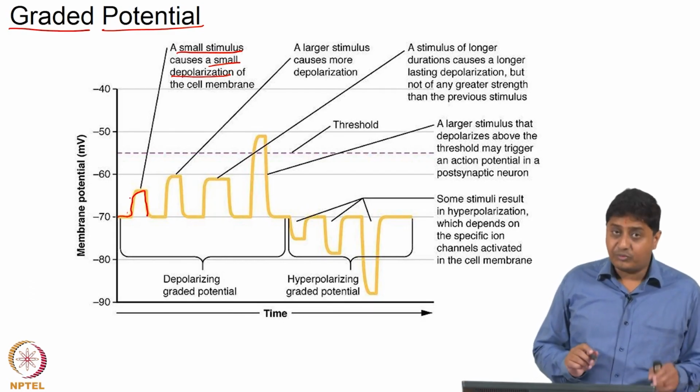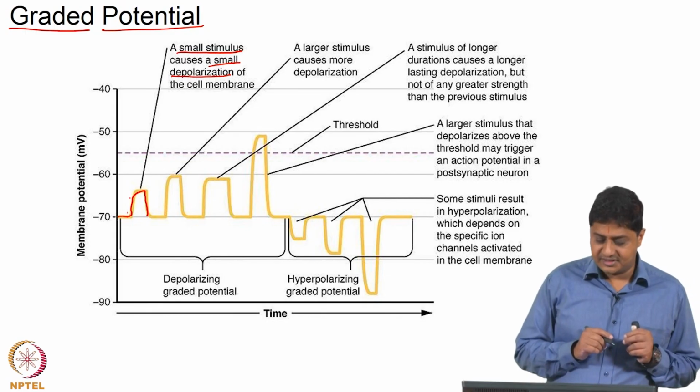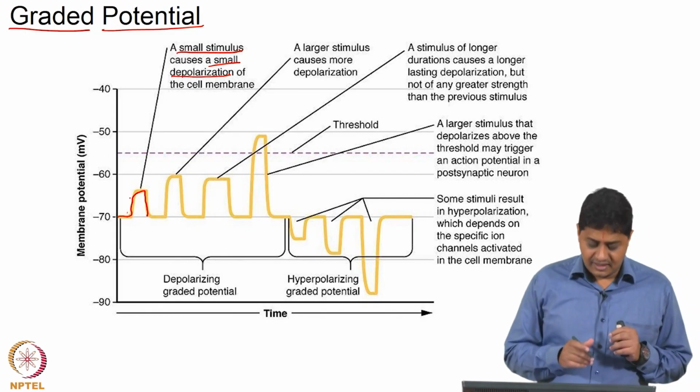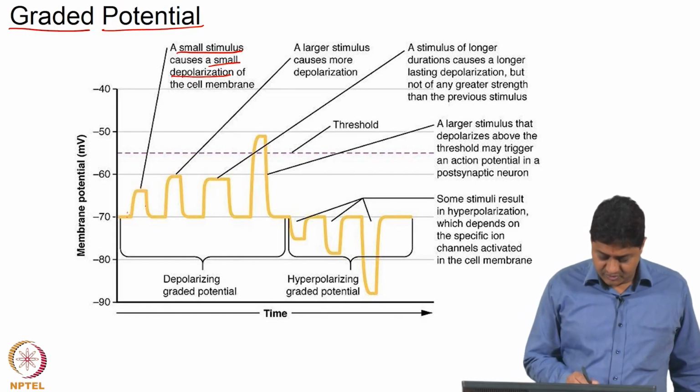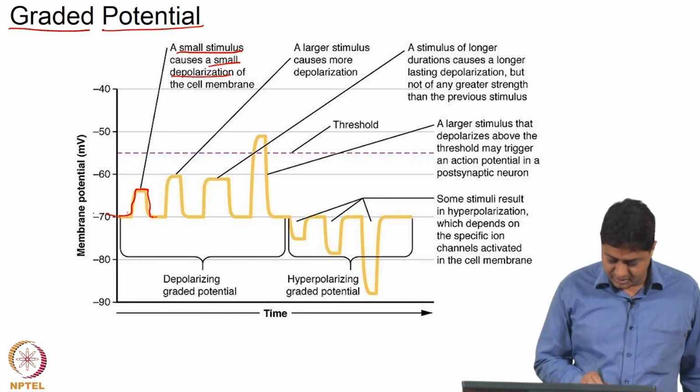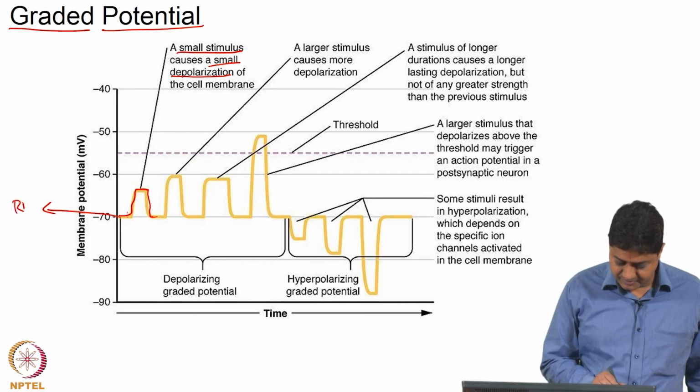Because a small amount of sodium has entered inside. Now, let us say that stimulus is removed. When that stimulus is removed, the membrane potential goes back to the resting membrane potential. Note that that is the resting membrane potential.